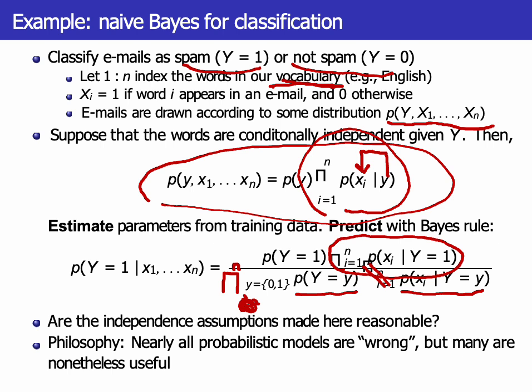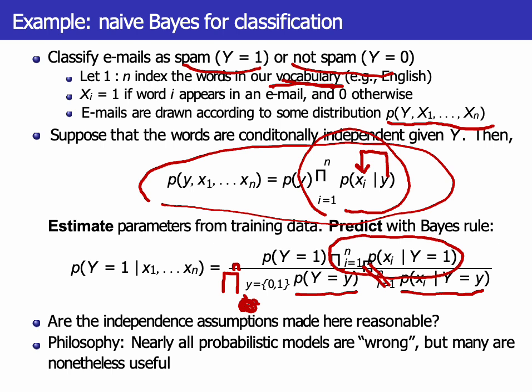So the question here is, are the independence assumptions made here reasonable or not? This is a little bit difficult to answer. However, the philosophy here is that nearly all probabilistic models are wrong. However, many are nonetheless useful.